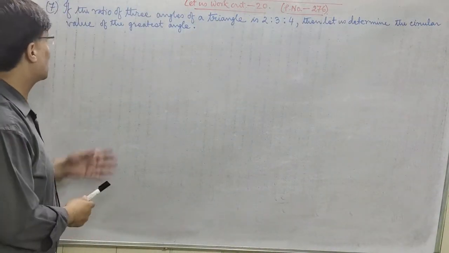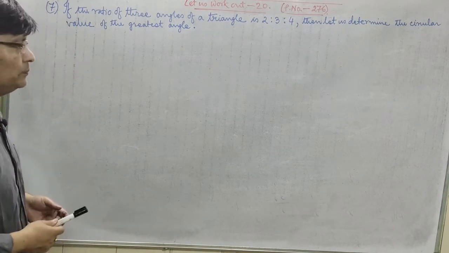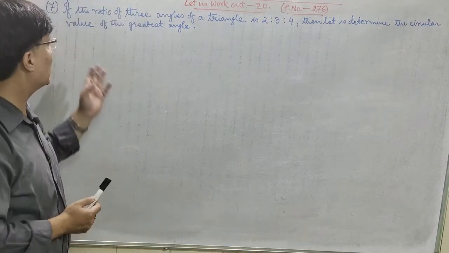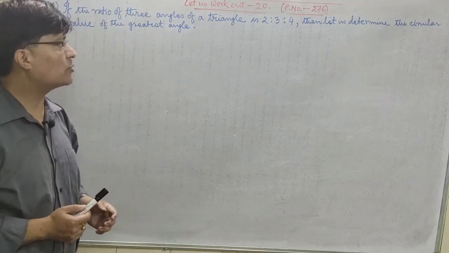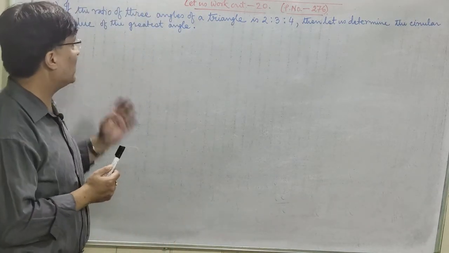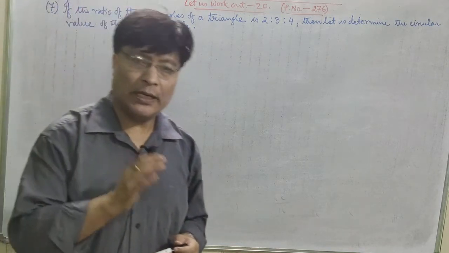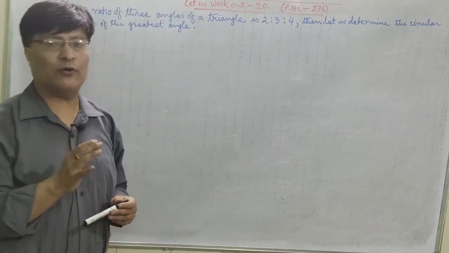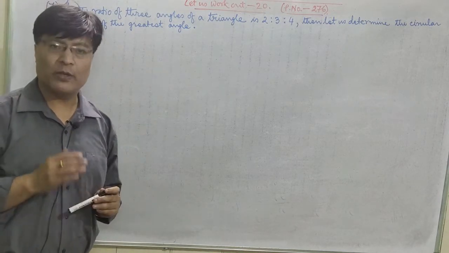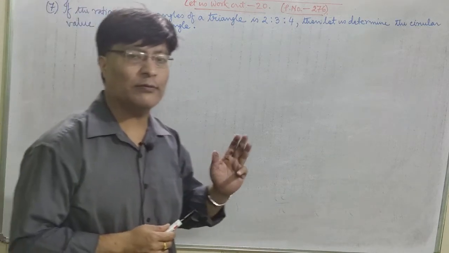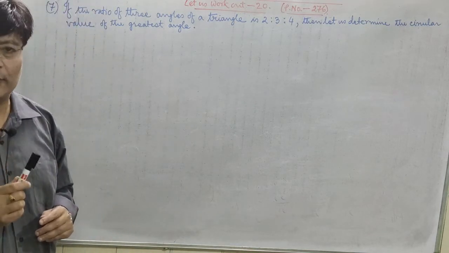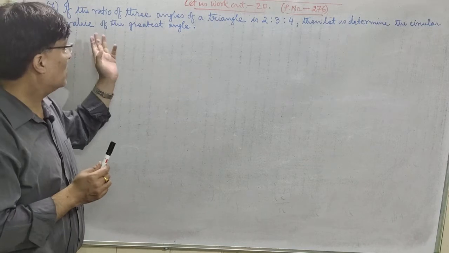So now we'll do the next question, that is question number 7. The question is, given that the ratio of three angles of a triangle is 2:3:4, let us determine the circular value of the greatest angle.